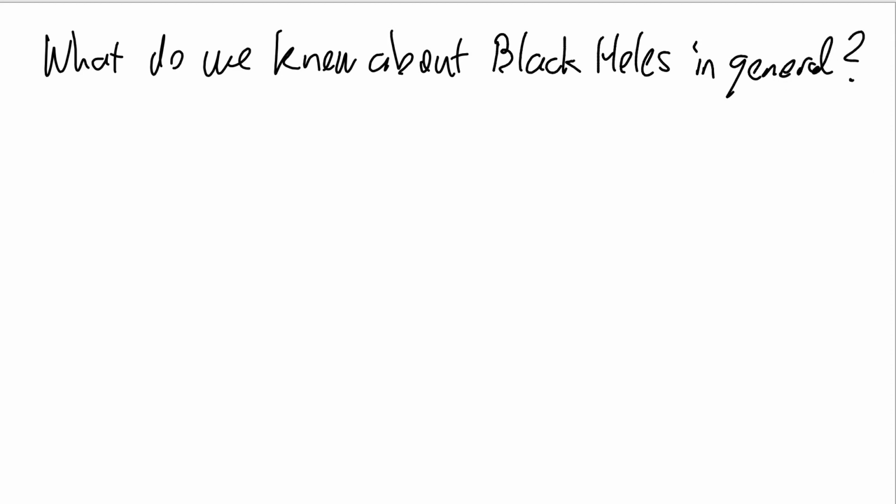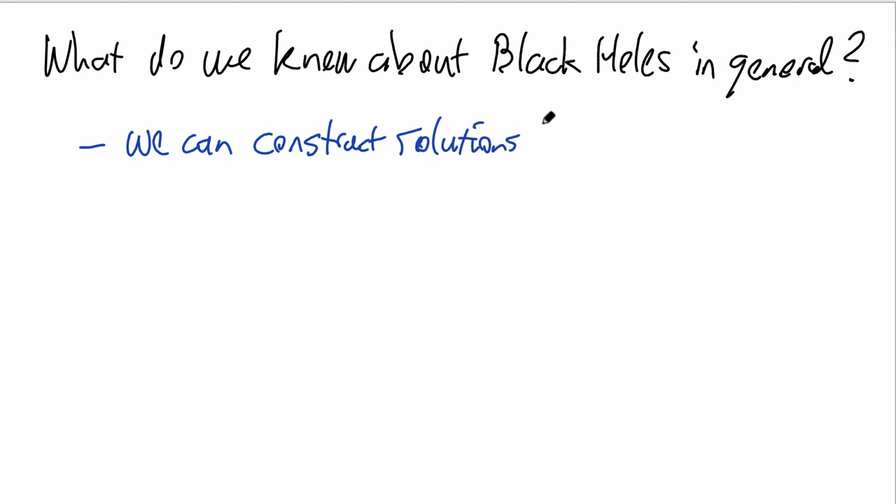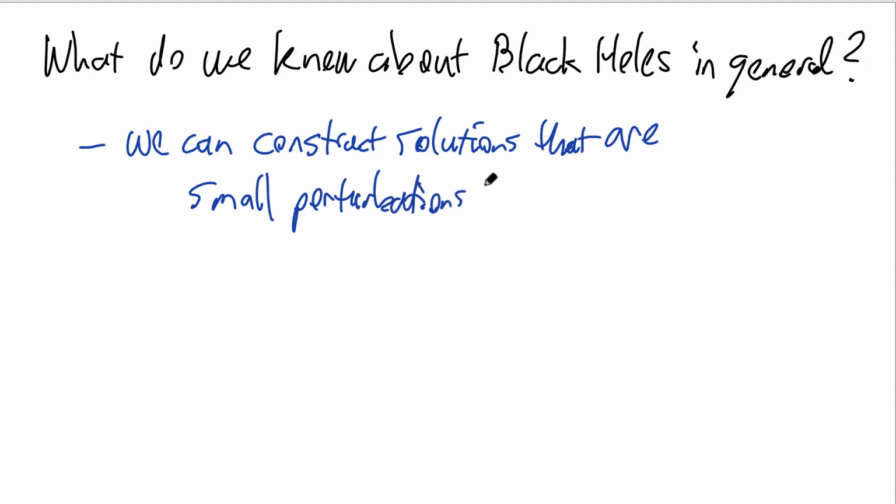Well, one thing that we can do is write down solutions that correspond to small perturbations of Kerr. So we can construct solutions that are small perturbations of the Kerr solution.